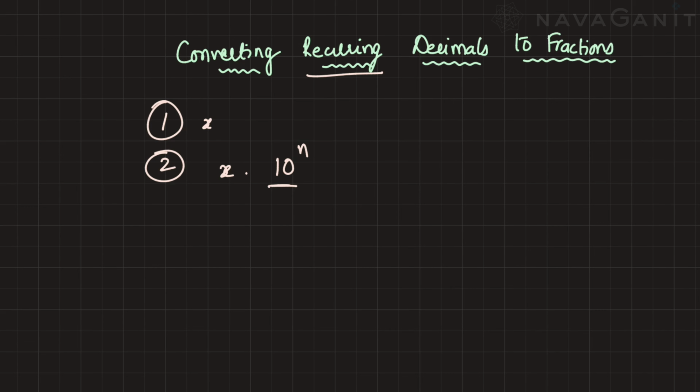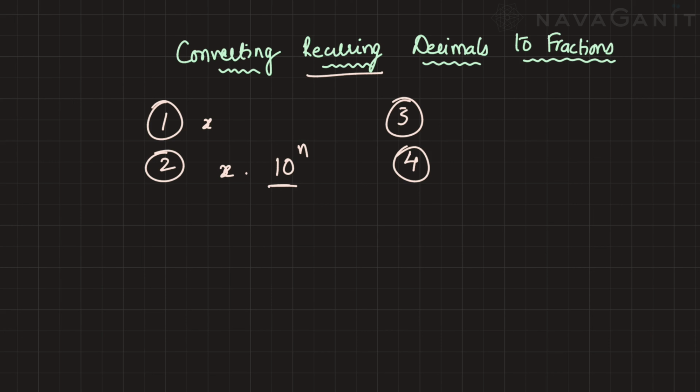So you will understand this better when we take up an example. Third step is to subtract the original equation from this new equation to eliminate the repeating part. And fourthly, to solve for x and to simplify it to its lowest terms. So let us see an example so that you will understand it.